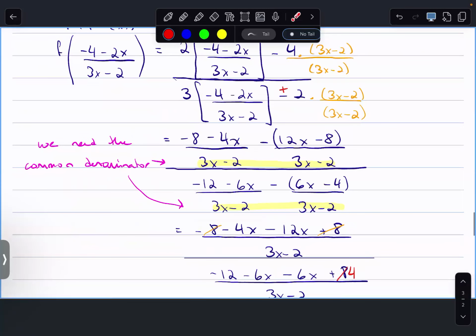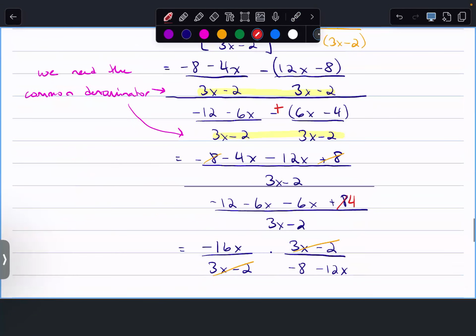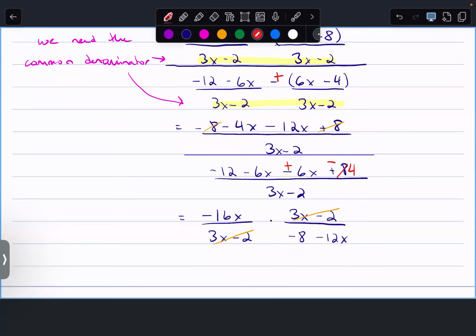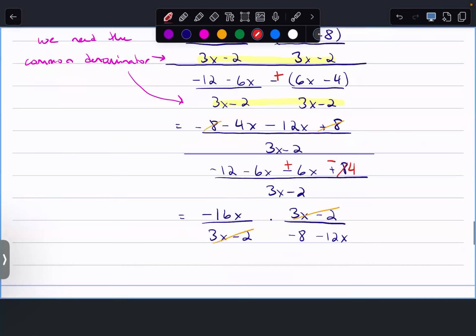Okay, so plus, good thing I didn't distribute it then. And plus 6x minus 4. Yikes, okay. I'm just going to start fresh here.